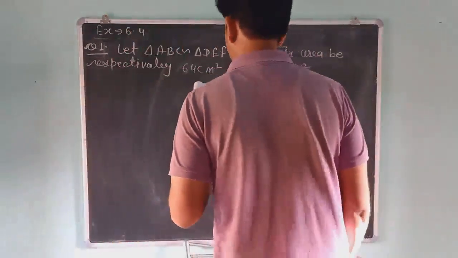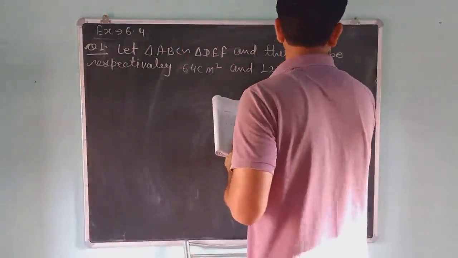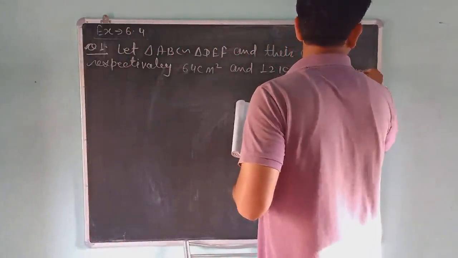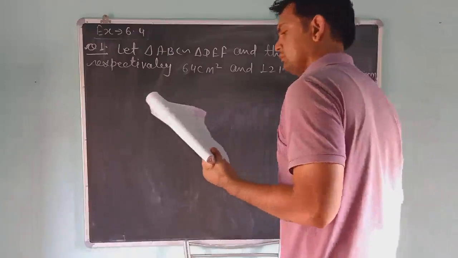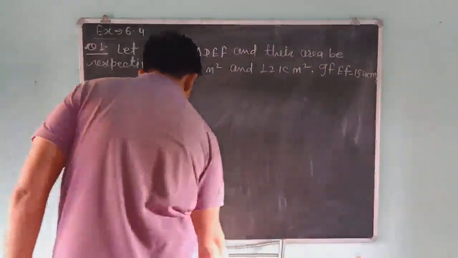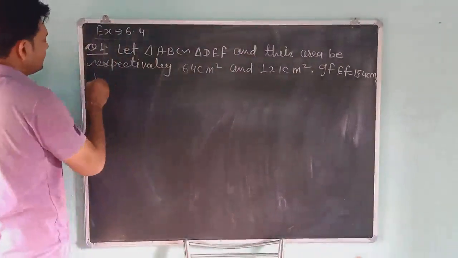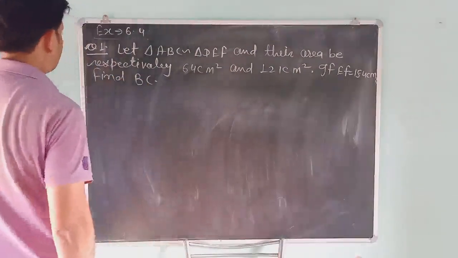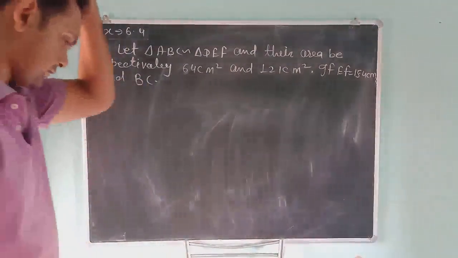If EF is equal to 15.4 centimeter, find BC. Okay, students, this is question number first.